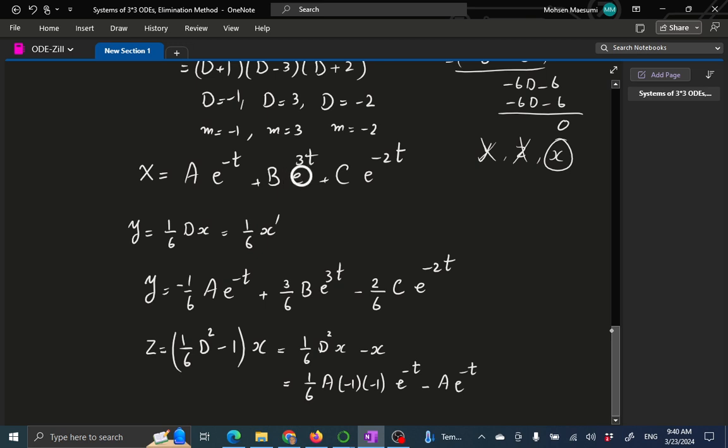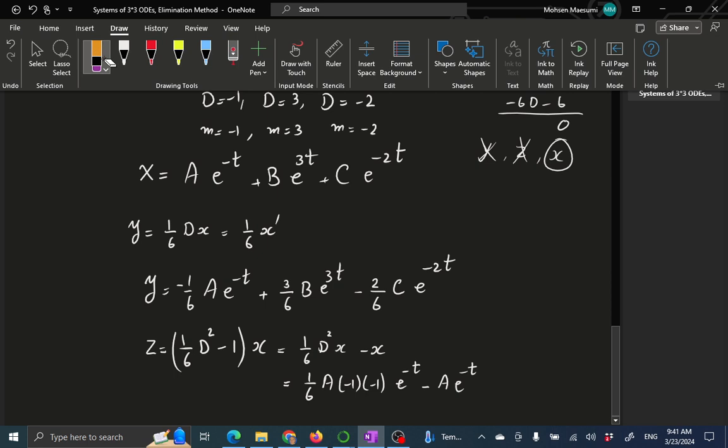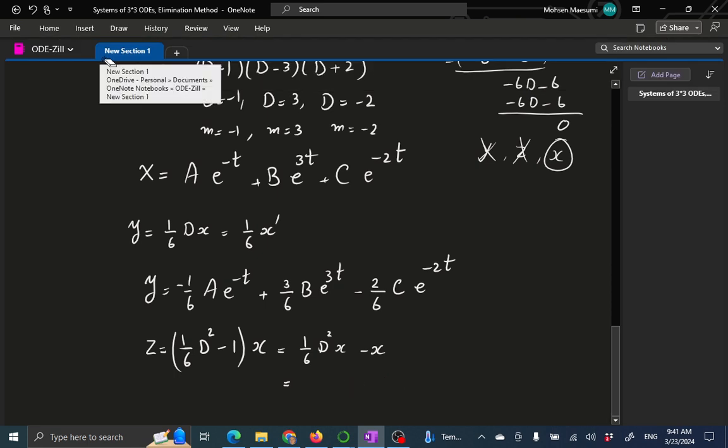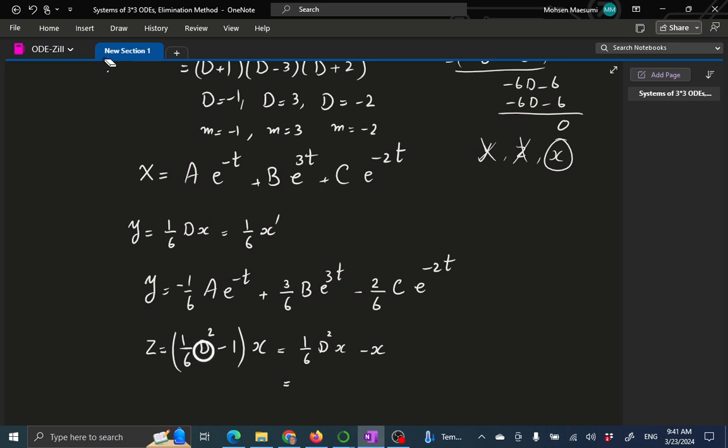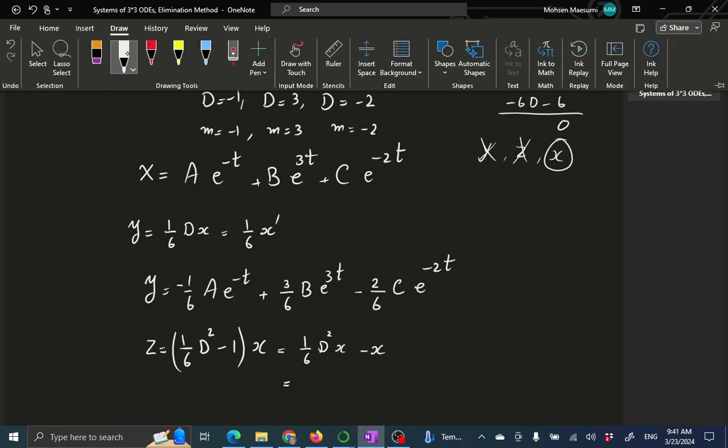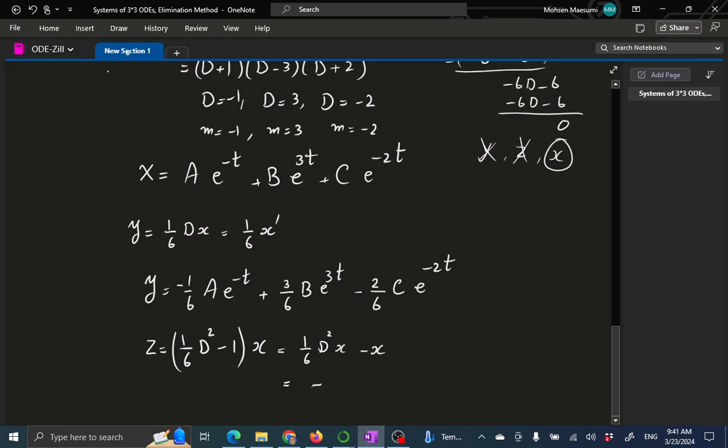And then we have to do that for b and also for c. Let me clean this up and have it written in a shorter way. So that's becoming 1/6. 1/6 minus 1 is going to be minus 5/6 of a exponential of minus t. Then how about the second portion?